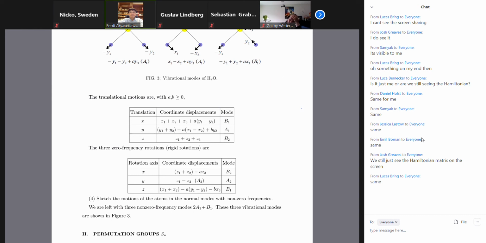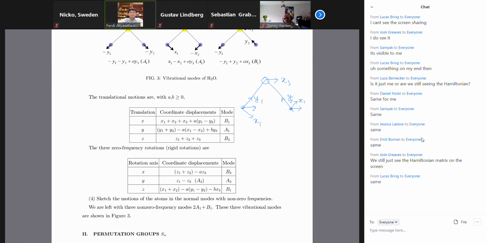That was stupid. Let me restart. So this is y2 and this is x2, like this, I think.